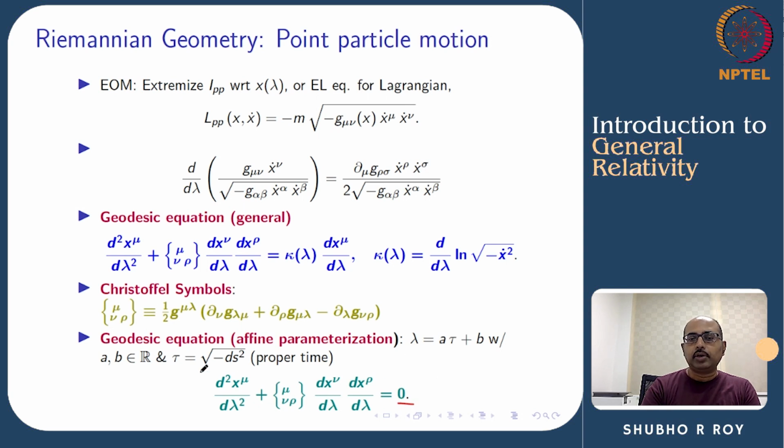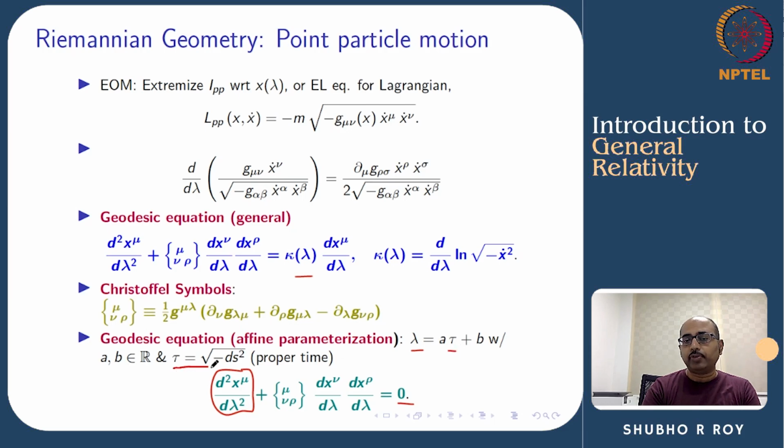Okay? So the equation consists of two terms. One is the acceleration term, because it has the second order derivative of x mu with respect to the affine parameter. And the second term consists of velocities, and the right hand side vanishes. So whenever the right hand side vanishes, or kappa vanishes, we call that special choice of lambda an affine parameterization. And one can show that this lambda is actually related to the proper time, tau.